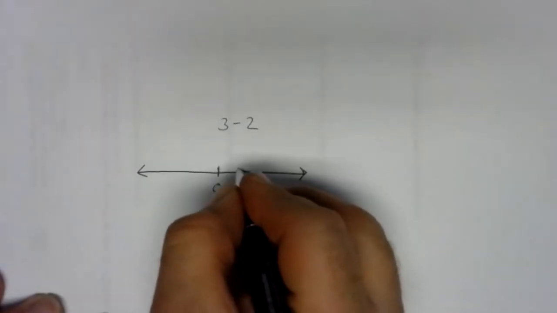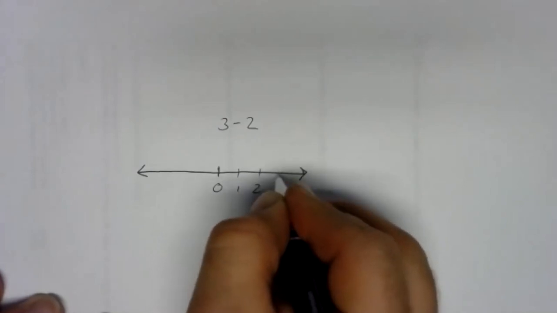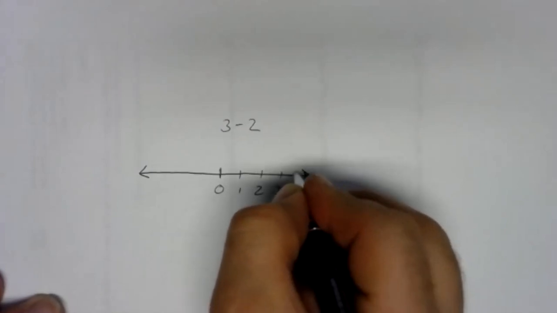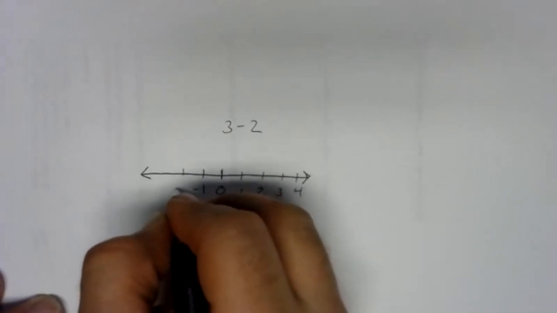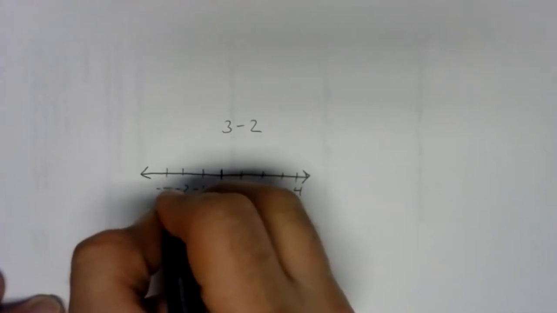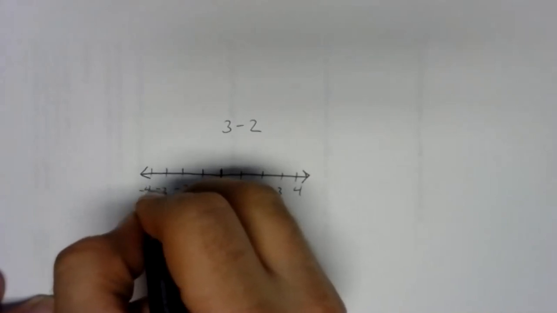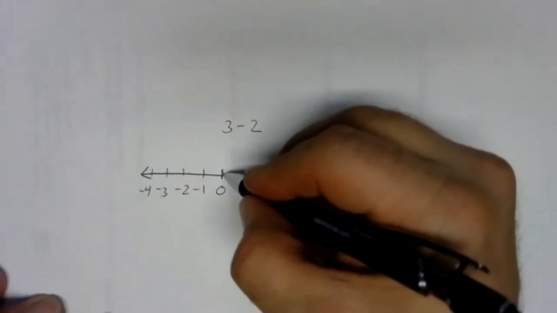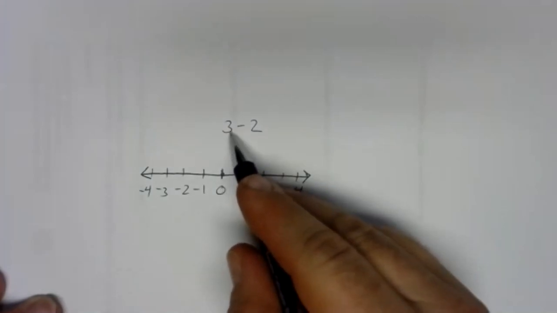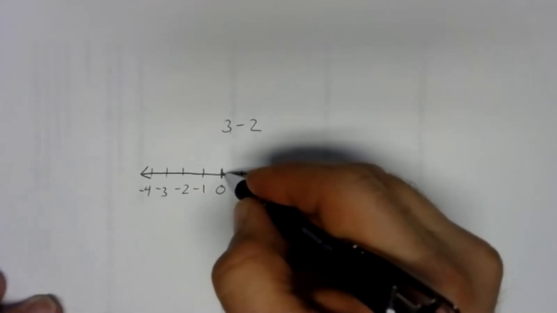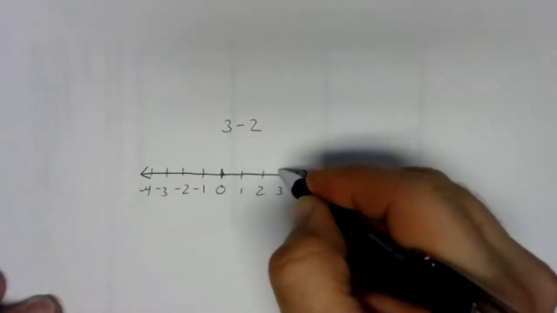So think back to what you might have done in grade school when you learned how to do math with number lines. What you would probably have done was you'd start at 0 and you'd go 3 to the right because that was what the 3 represented. So we'll draw that as an arrow here, 3 to the right.